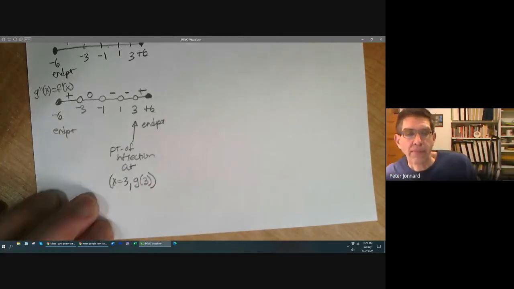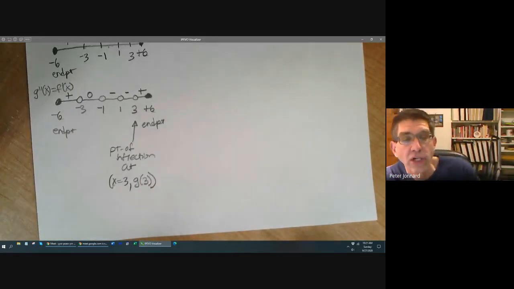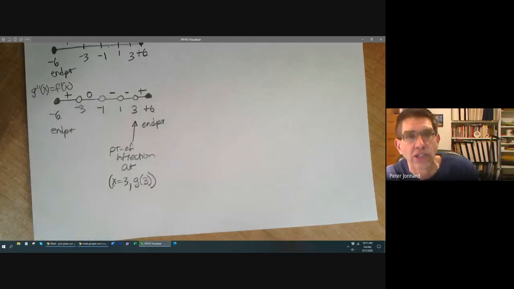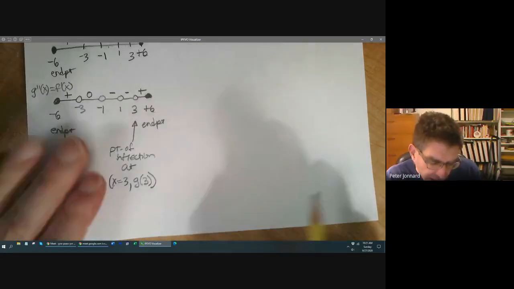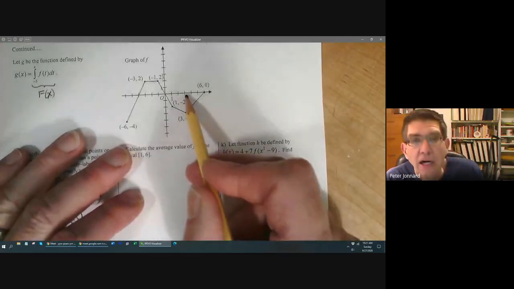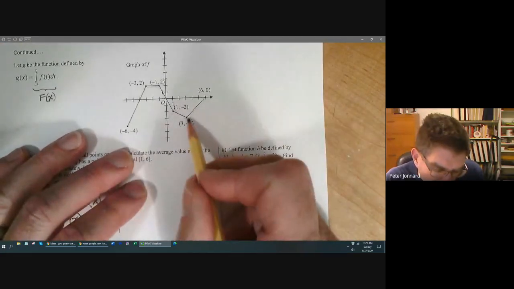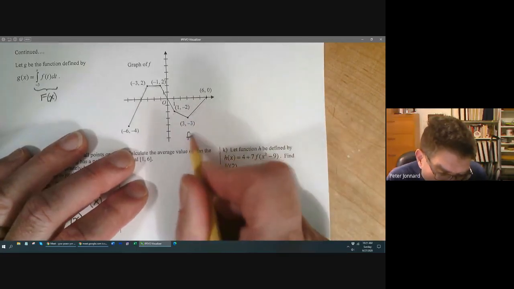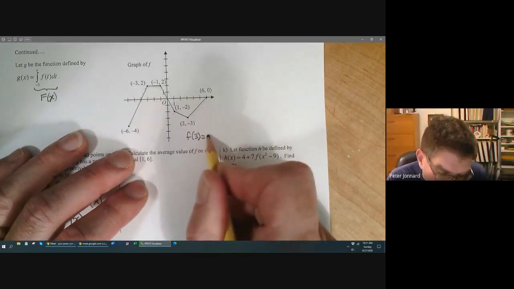Okay. Now a couple of things to consider. In order to have a point of inflection, you technically need to have a single tangent line. And so let's look at when x is 3. At 3, f of x is equal to -3. f of 3 equals -3.